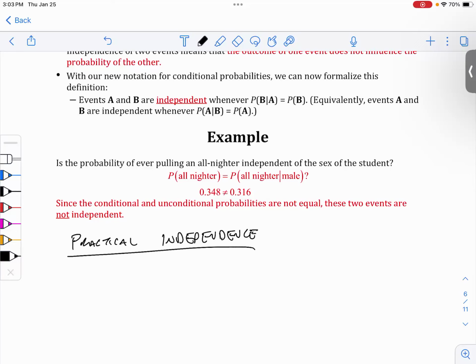Because like I said, in the real world, there is no such thing as things being perfectly independent. But we do still say some things are independent, and it's because they are practically independent.